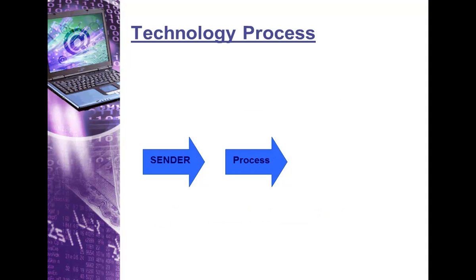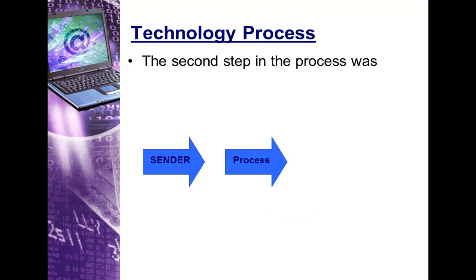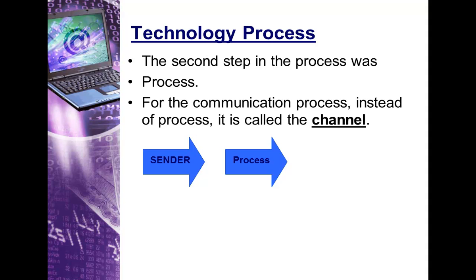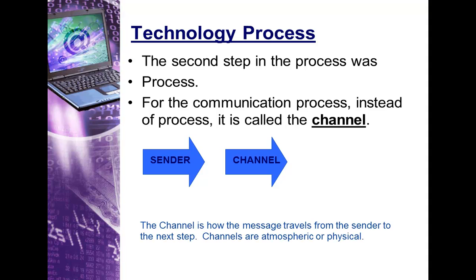The next step in the technology process is what we call the process, and that's the activity. That's what happens. For example, if we were looking at transportation, once we get the input in, the process would be simply driving to your destination. With communication, however, we call this the channel, and the channel is how the message travels from the sender to the next step.